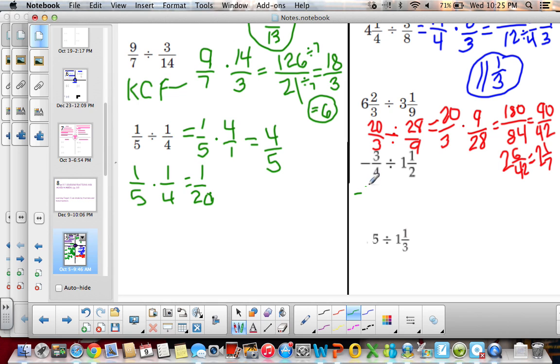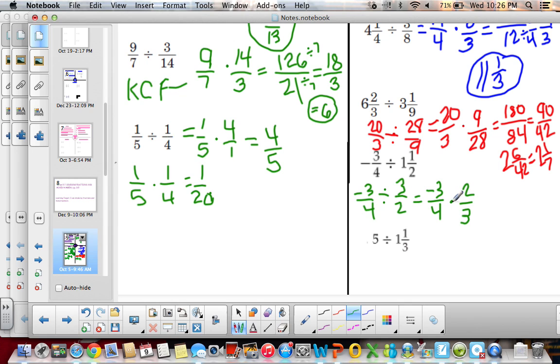So we have -3/4 divided by 2 times 1 is 2 plus 1, so 3/2. And then I'm going to flip it, so -3/4. Keep my first fraction, change to multiply, and then flip the second fraction to 2/3.